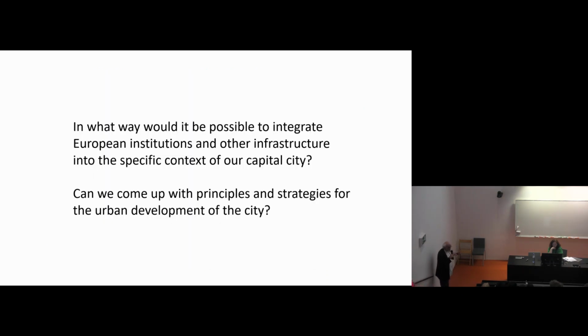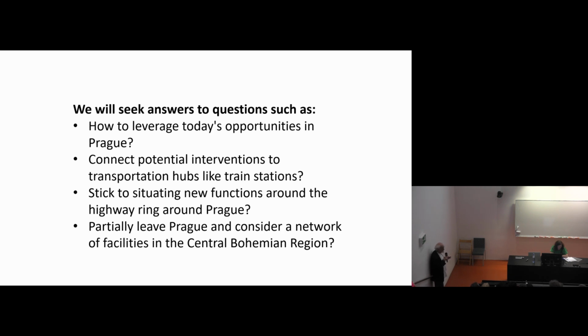In fact, the assignment is to look at how all the institutions, not only the European Commission, the Parliament and the Council, can be integrated in the city of Prague, of course with honor to the parts of Prague which have to be preserved.